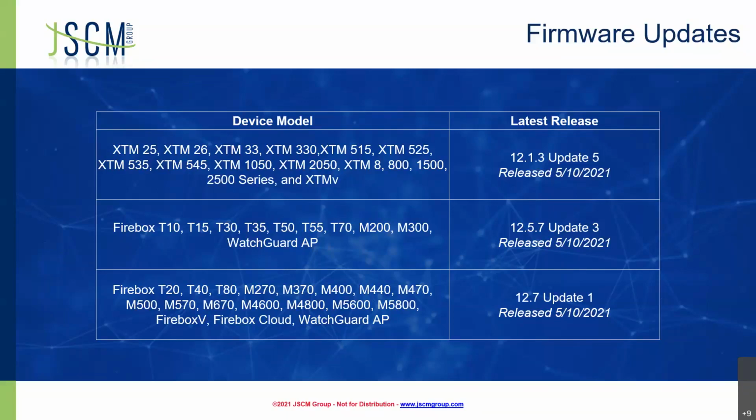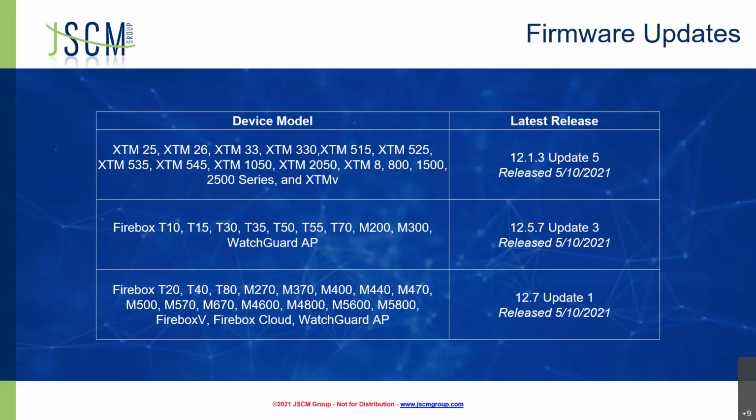If you are on some of the older T-Series or M-Series boxes, so these would be things like our T10s, our T30s, our M200s, M300s, the new release on those is 12.5.7 Update 3, also released on May 10th. So if you are running on any of those boxes, we would recommend that you upgrade to the most recent release of that firmware.